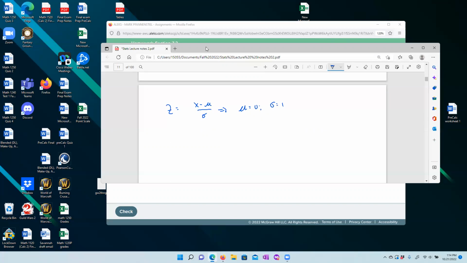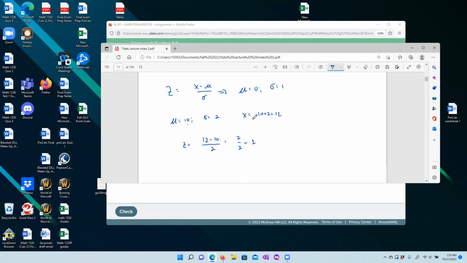If I had a mean of 10 and a standard deviation of 2, an x value 1 standard deviation away from the mean is 10 plus 2, which equals 12. To calculate the z-score, we do 12 minus 10 divided by 2. 12 minus 10 is 2, divided by 2 equals 1. So we get a number that is 1 standard deviation away from the mean.